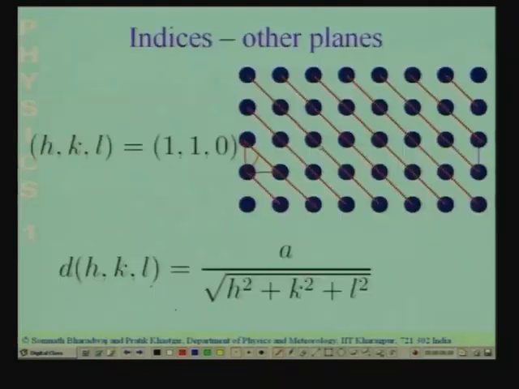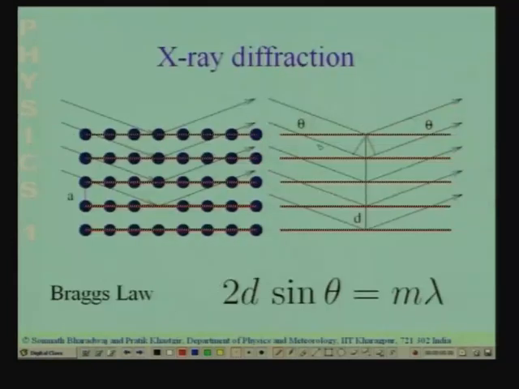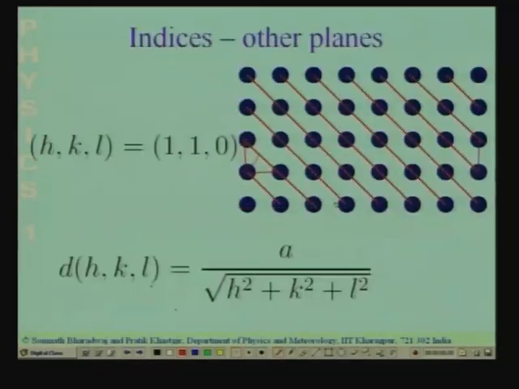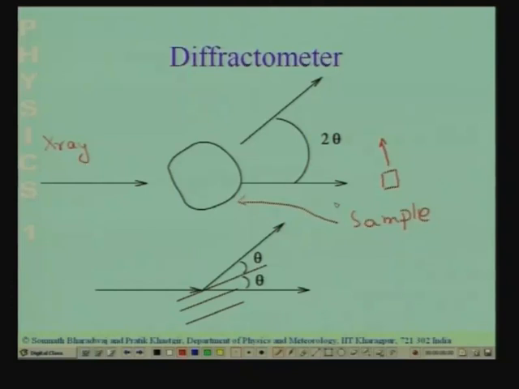Now, let us just see what is the relation between the angle over there and this theta, the grazing angle made with the planes inside the crystal. So, this sample over here is a crystal. Let us take a crystal inside this sample, and inside the crystal we can draw planes.